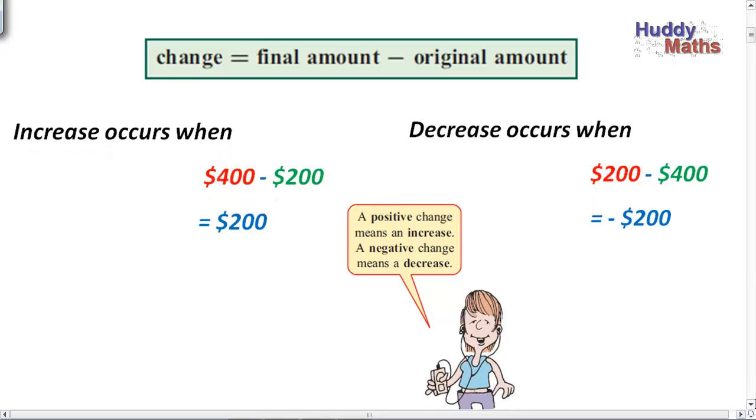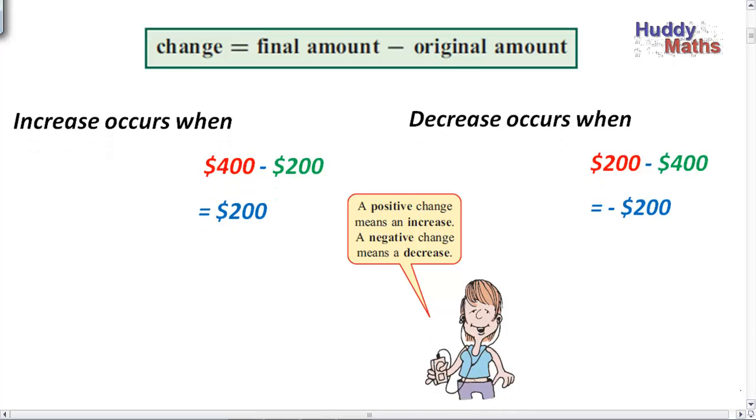Okay, here we are. So often people say there's been a certain percentage change, maybe related to income or expenses, or a percentage change in the cost of a bill or something like that. So the first thing we want to do is to define how do you work out a change.